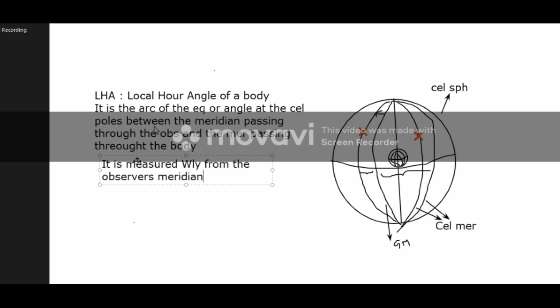All our angles are westerly measurements. That means if this is a star, and this is the observer, then this would be the LHA.